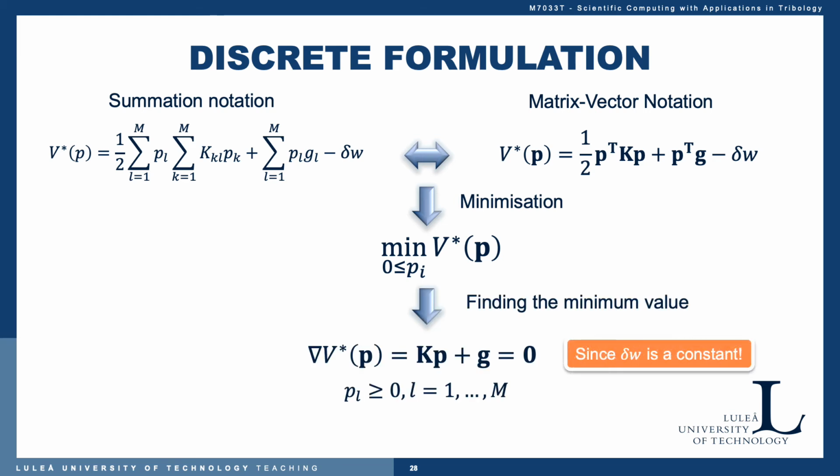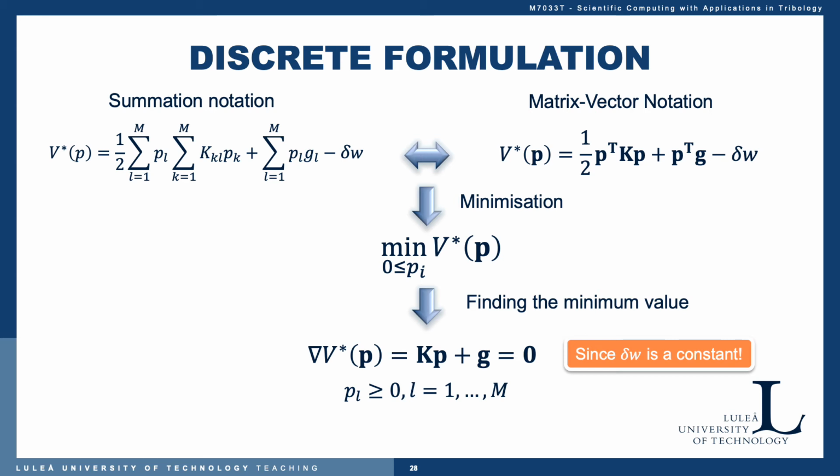Doing that, we know that finding the minimum value is equivalent to finding the gradient of our function with respect to the independent variable, in this case P, for the total complementary potential energy, and setting this gradient to 0.